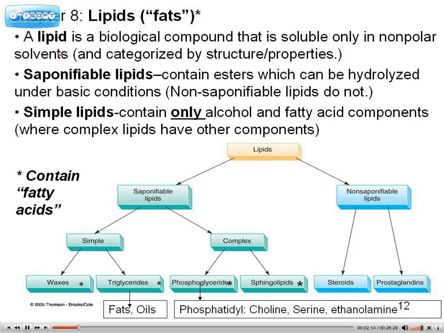In this case, lipids are a biological compound that are soluble only in nonpolar solvents, and they're categorized by their structures and properties. Think of lipids, in general, as the biochemical fats.